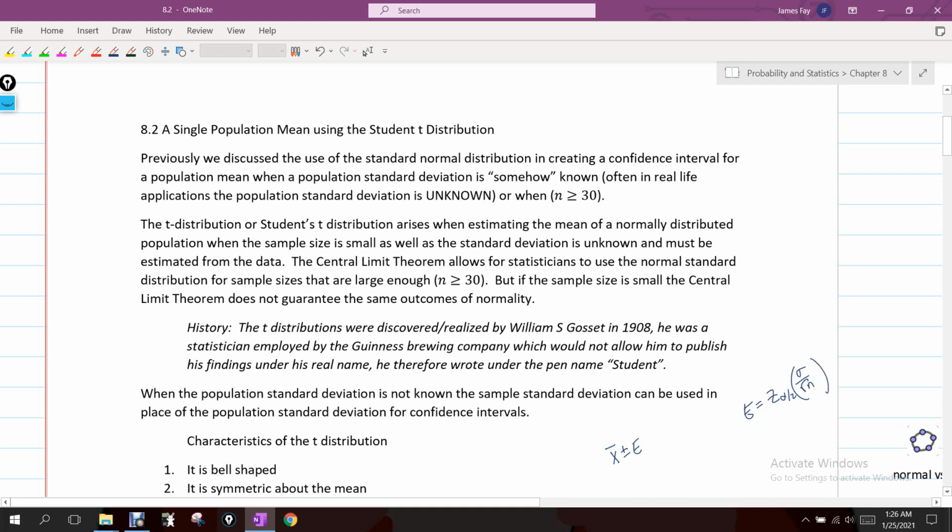Okay? And here's the issue. That number right there is rarely known. Okay? That's the population standard deviation. We don't usually know that. So that's why we start talking about this t distribution, because it is now going to allow us to determine confidence intervals, but using a different distribution.